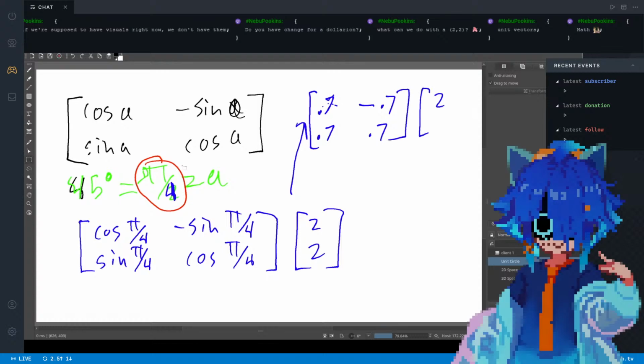We have our vector 2, 2. And then what does this equal? Well, let's do the dot product.